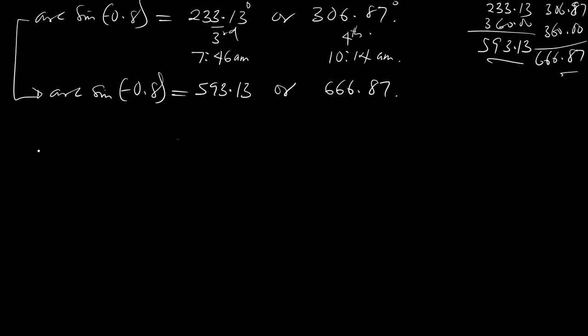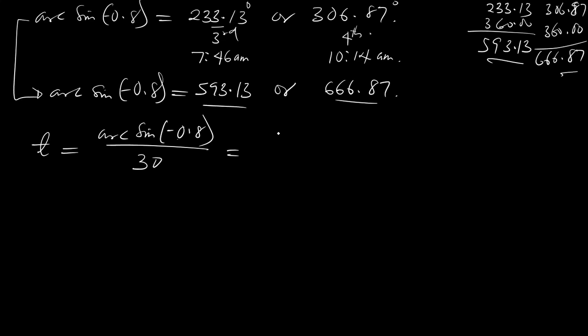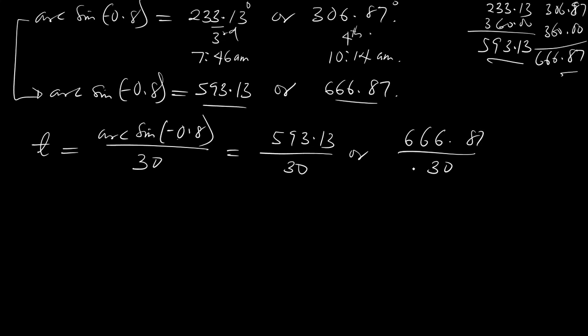Now let's look for the times when these two will occur. The time is arc sine minus 0.8 divided by 30, which is the same as 593.13 divided by 30 or 666.87 divided by 30.